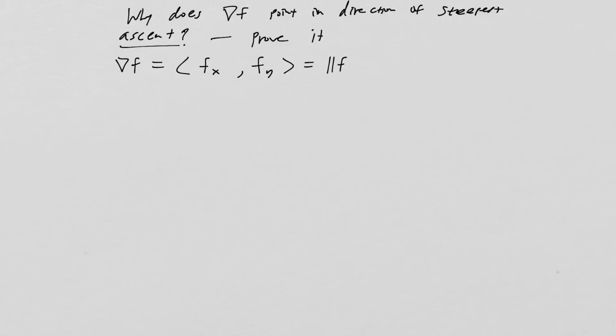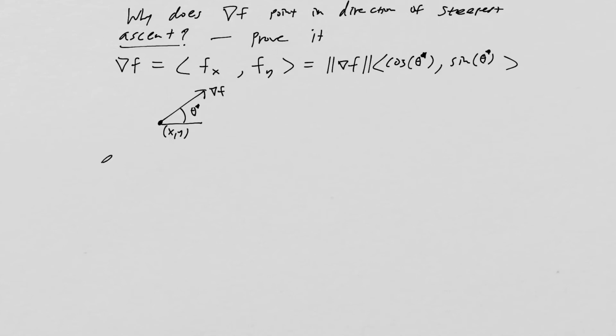This is going to be equal to the magnitude of the vector grad f, times cosine of some special angle. I'll call it theta star. All right. So the idea here is we're at a specific point, call it x and y, and our vector grad f is pointing in that direction, and we'll call that theta star.